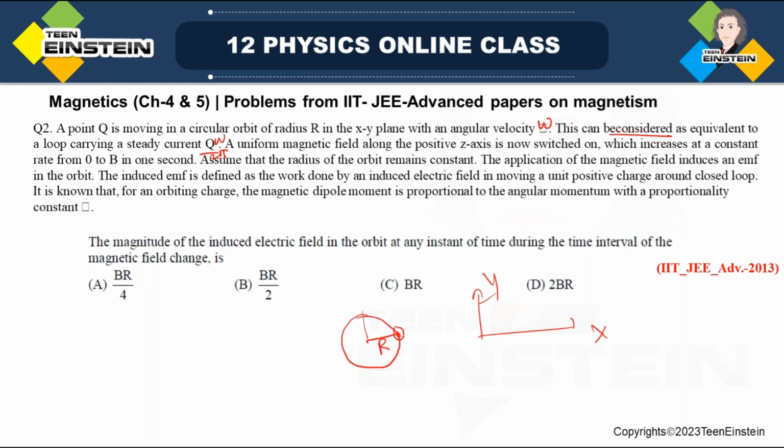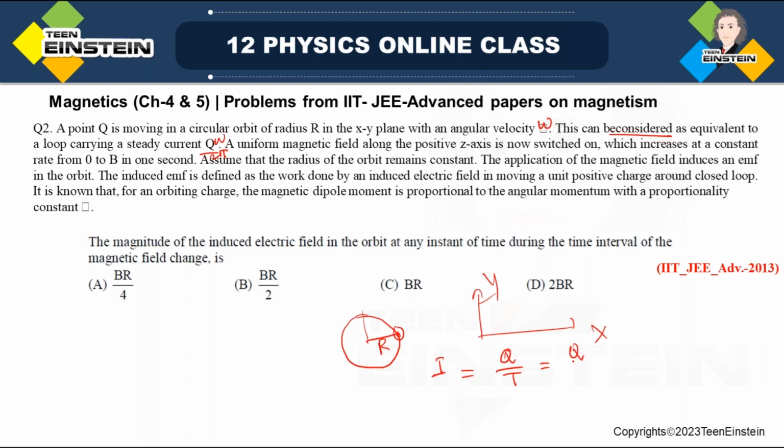When a charge carrier, say some positive charge or negative charge, is undergoing a circular motion, we can consider that as a current loop, where a constant current I is the charge Q divided by the time period of revolution.